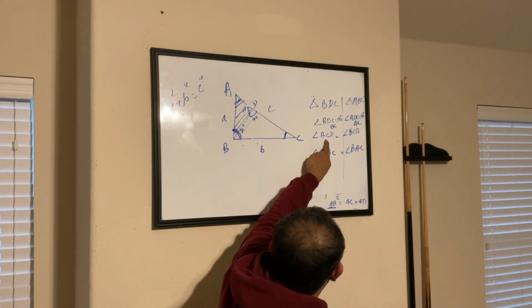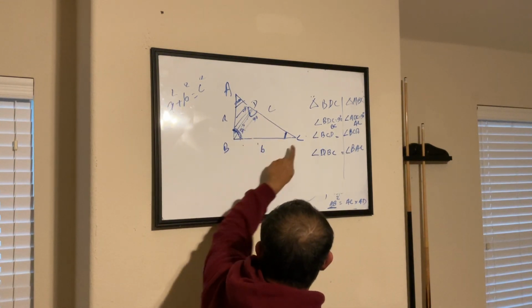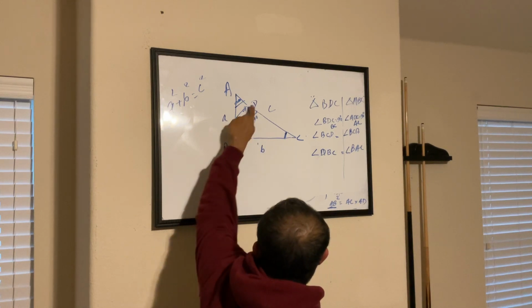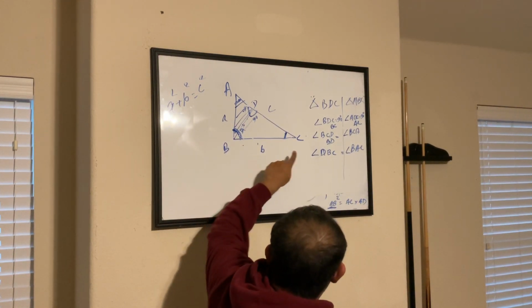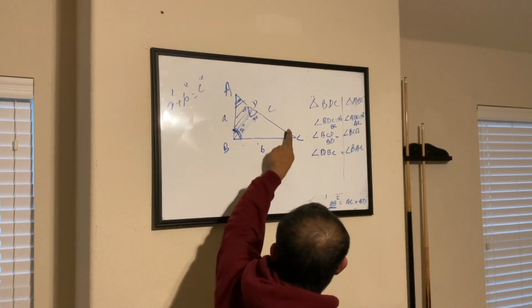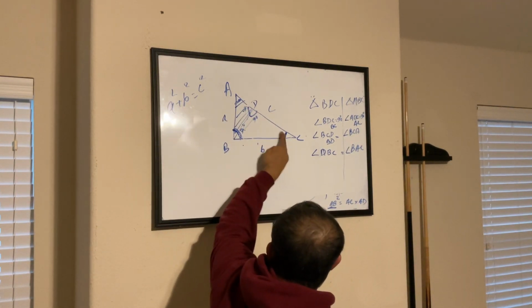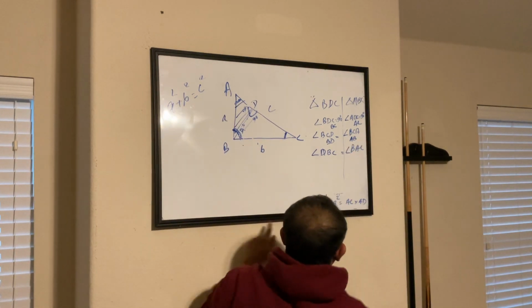Now angle BCD: in the small triangle the side opposite is BD. Now BCA: in the large triangle the side opposite is AB.